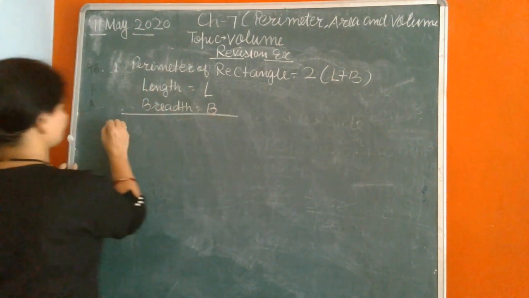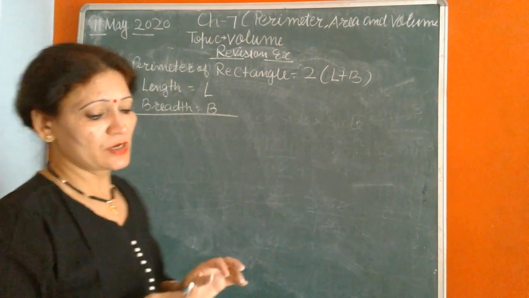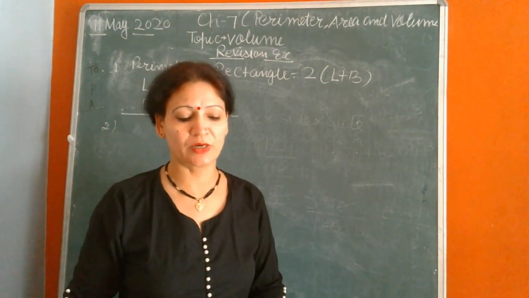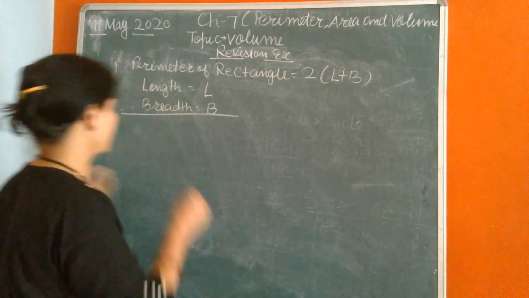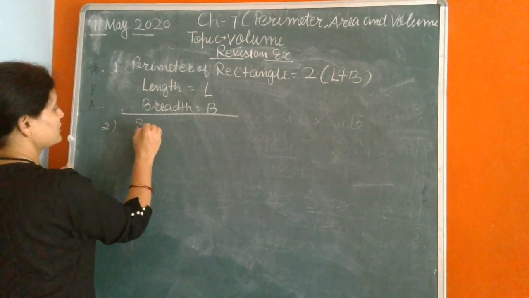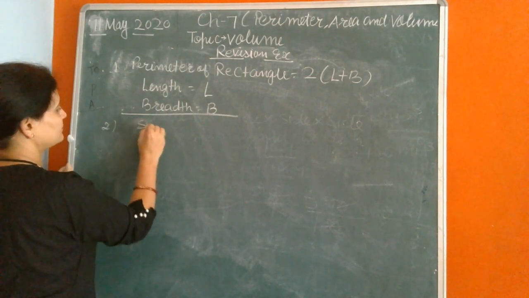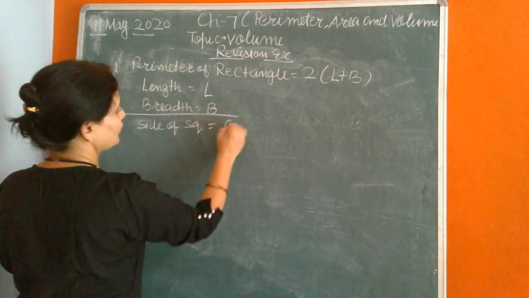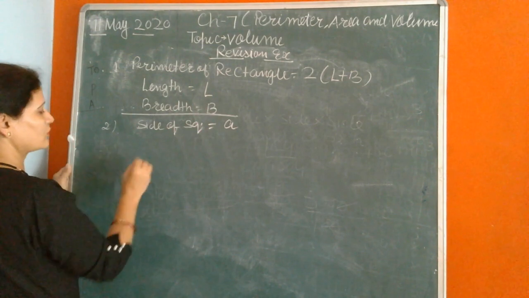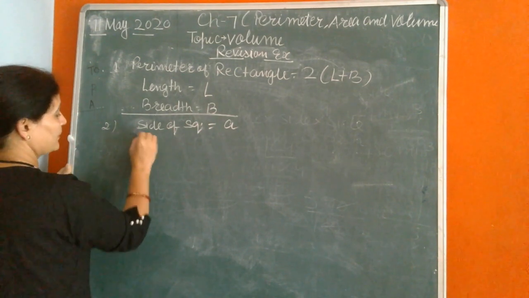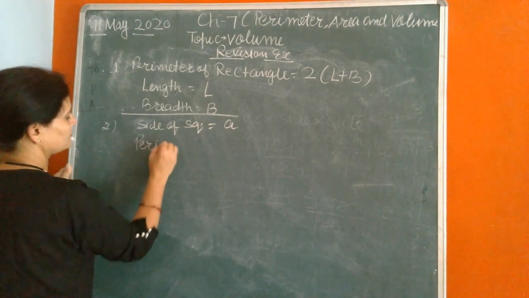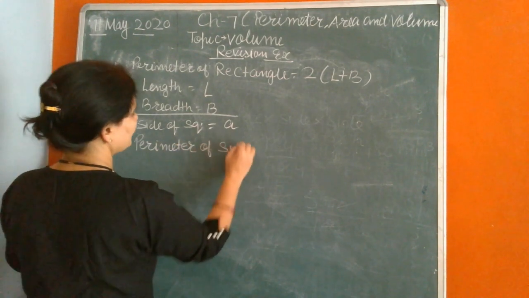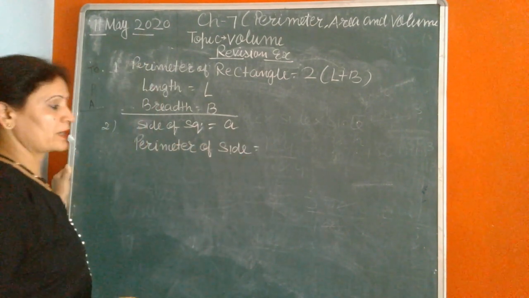Question 2: write the formula to find out the perimeter of a square whose side is A. Side of a square is equal to A. We know the perimeter of a square.